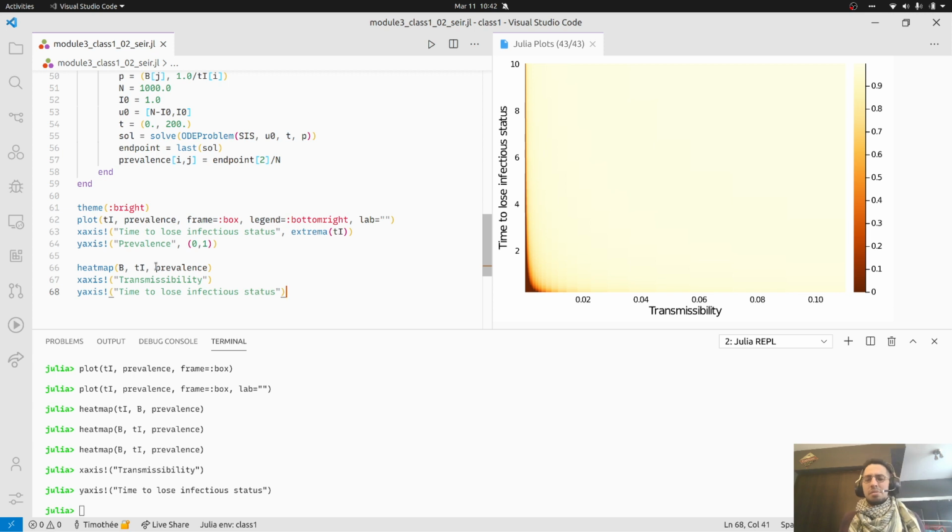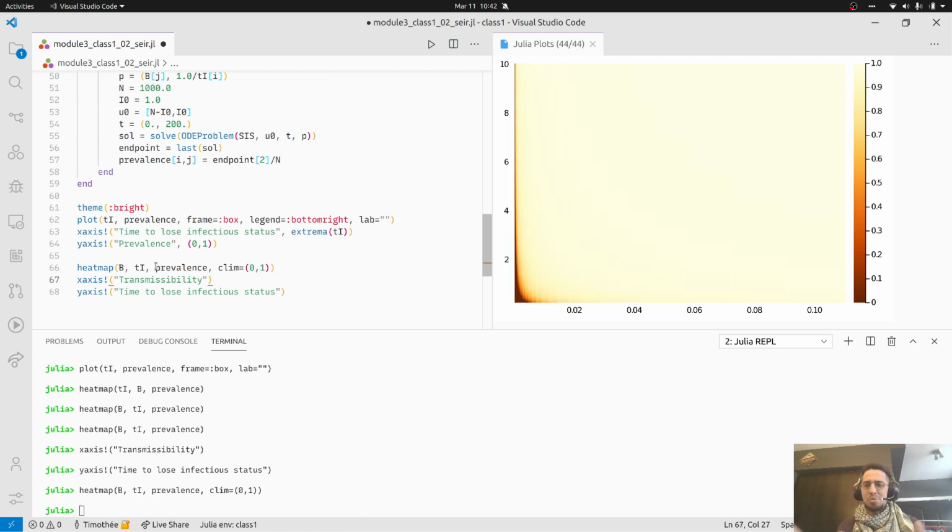One of the things that we've done is that transmissibility is something that we've expressed on a log scale, and I'm not necessarily a big fan because it's compressing the area where very important things are happening. So we can just take the log 10 of that.